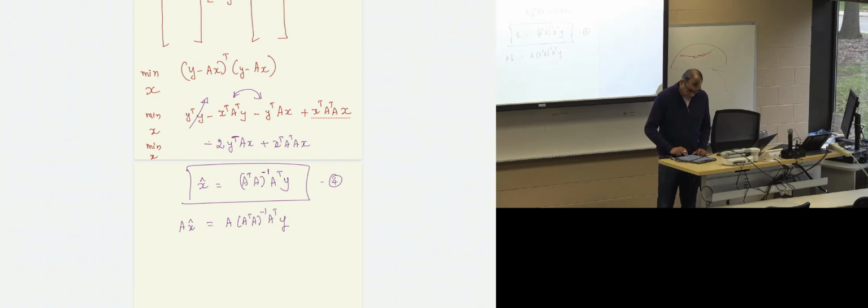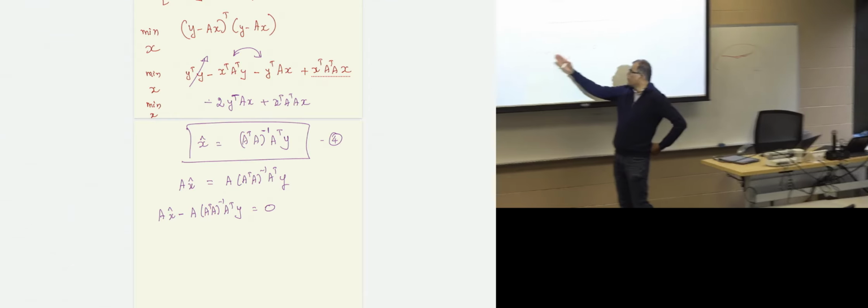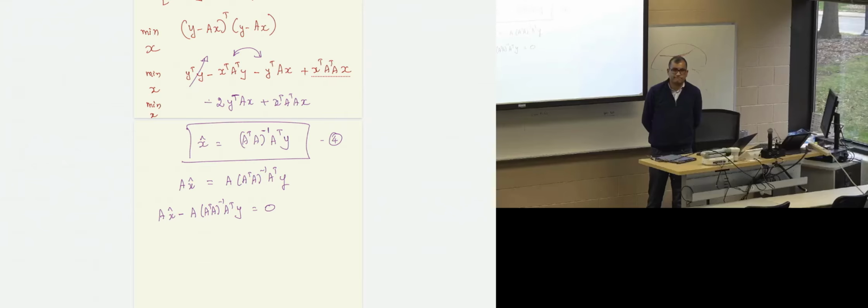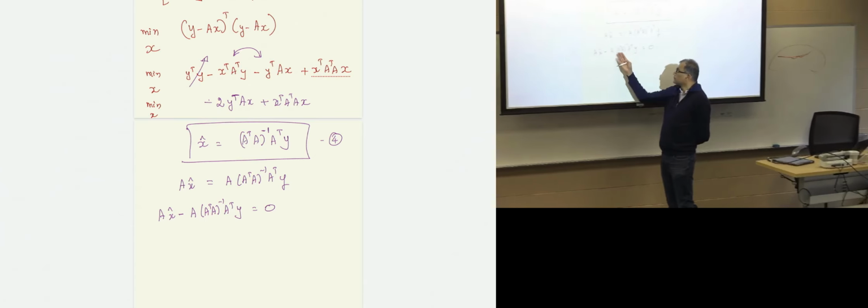Or A x hat minus A (A transpose A) inverse A transpose y equal to 0. So this equation is a bit profound. So what does this tell us? What does this equation tell you?